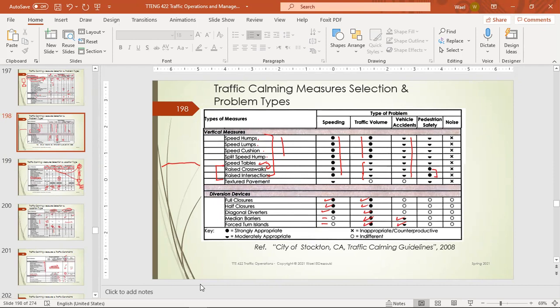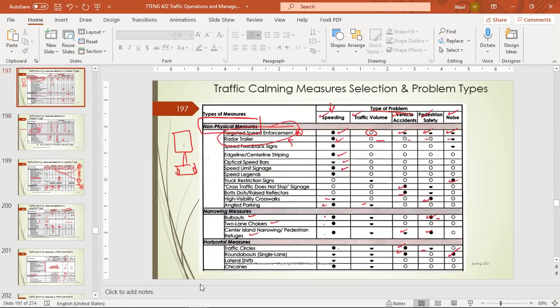If the problem was pedestrian safety, then we go with raised crosswalks or raised intersections. So for each problem, there is a favorite treatment. For vehicle accidents, you have traffic circles and roundabouts.